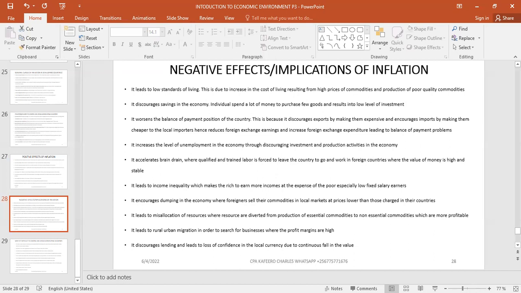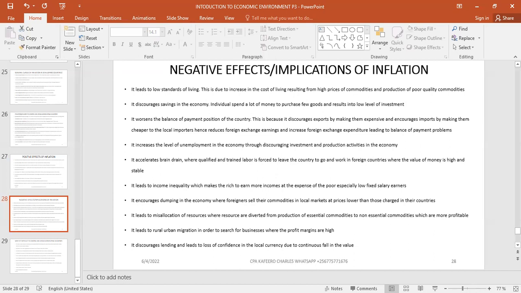When you earn less, remember, you are also importing. You may find that you are spending more than what you are getting from your exports. And if that happens, then we will be having a deficit balance of payment, and that is the worst part of the balance of payment position of the country.